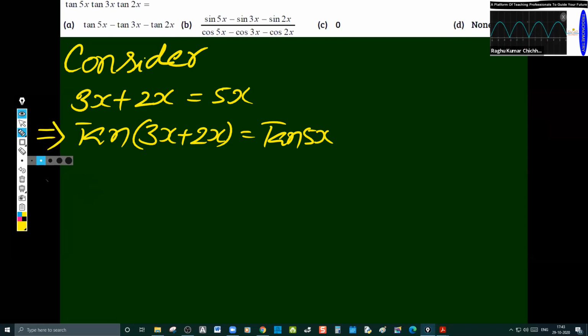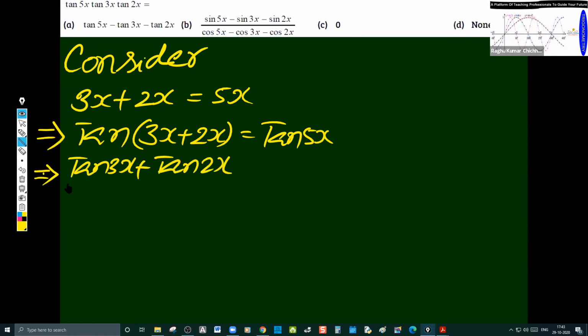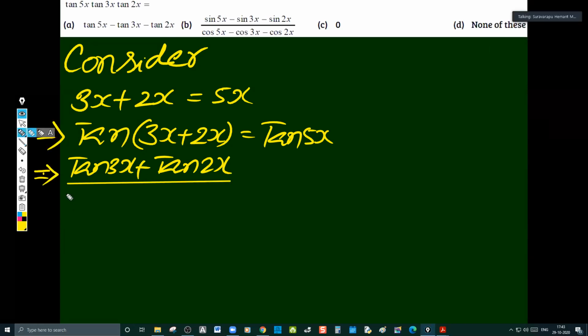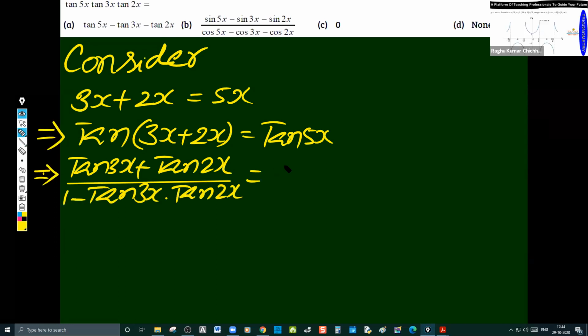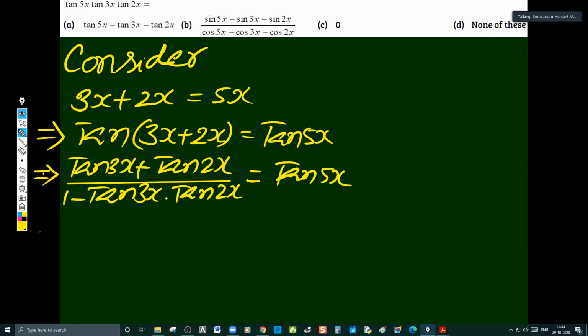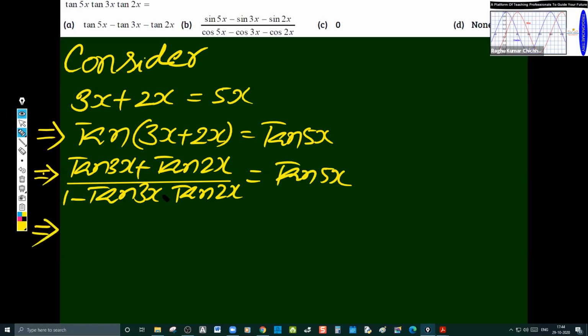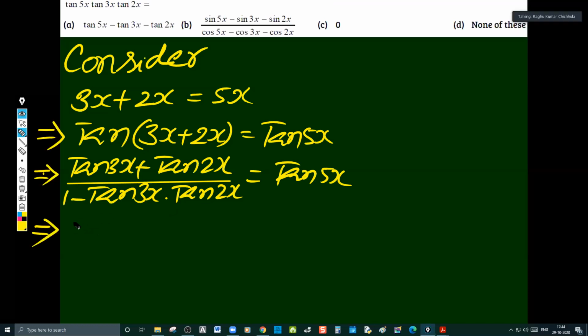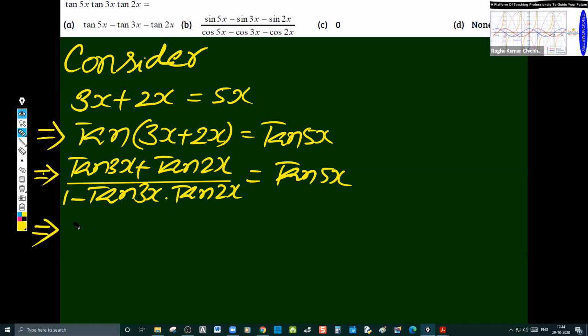Tan of a plus b is tan a plus tan b by 1 minus tan a tan b, which is equal to tan 5x. So tan 3x plus tan 2x by 1 minus tan 3x into tan 2x.